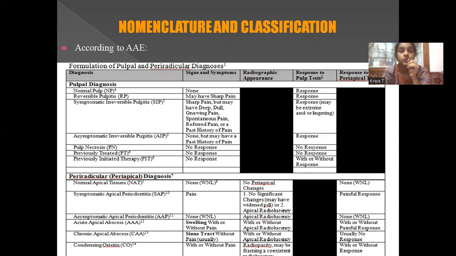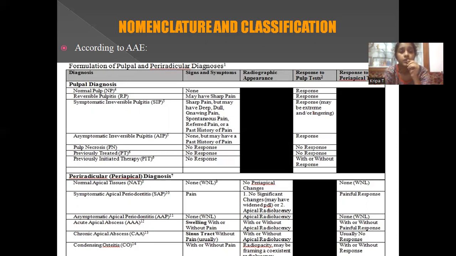In asymptomatic irreversible pulpitis, the patient will not give a history of present pain, but gives a past history of pain, and the pulpal response is just like what we have seen. Pulpal necrosis means the patient doesn't have any pain symptoms, and the pulpal response is also nil. Previously treated is also the same.